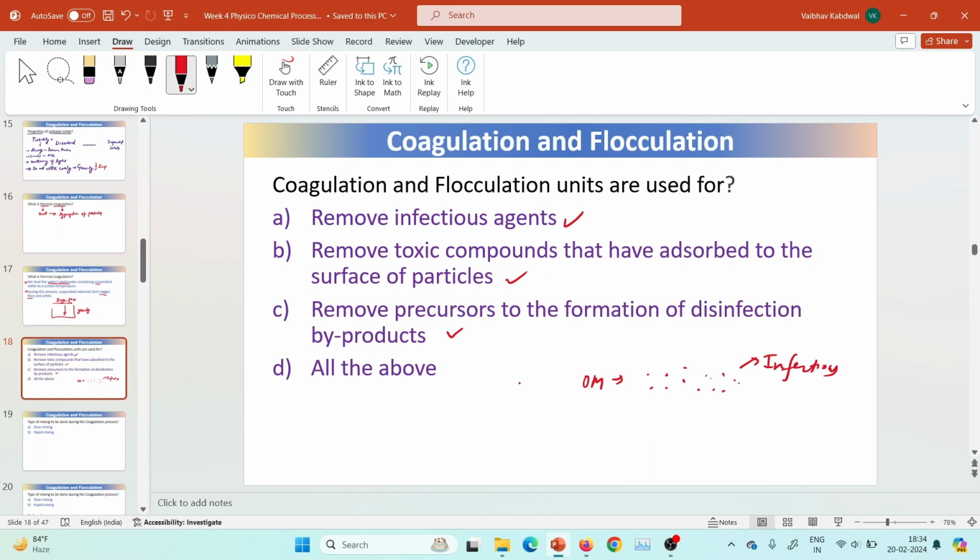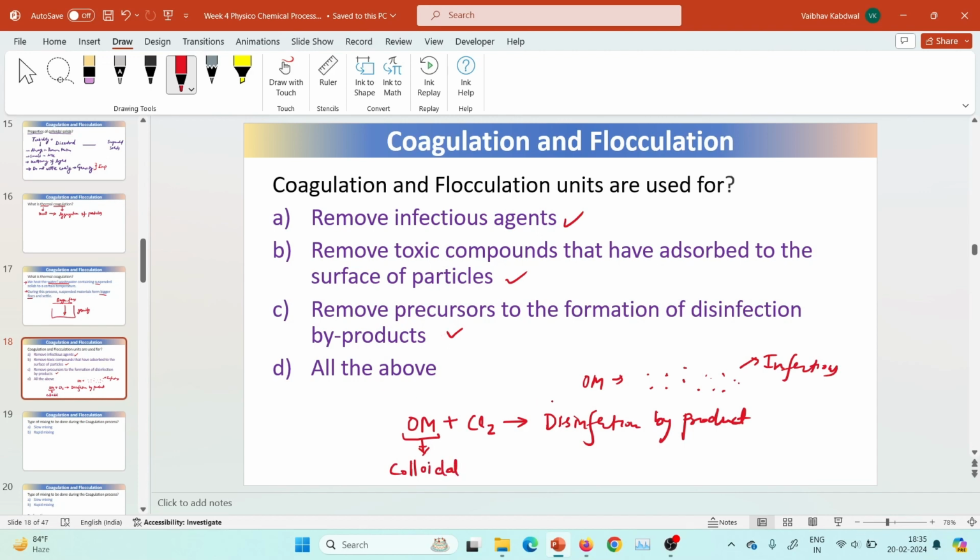When we don't remove the colloidal solids, in the form of organic matter, plus let's say disinfection with chlorine, they can form disinfection byproducts.